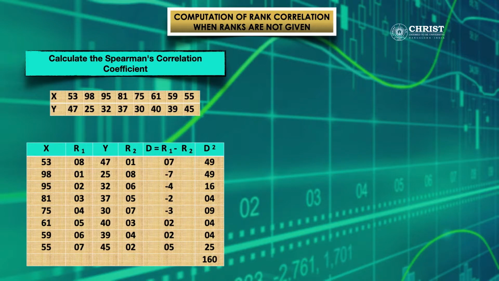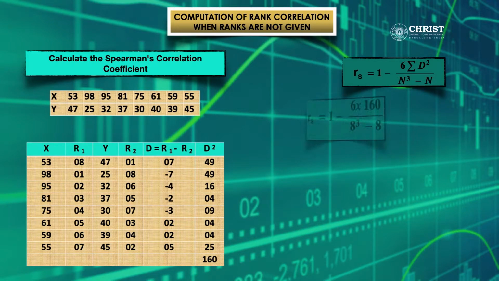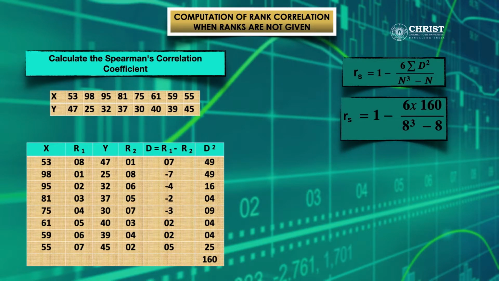Now you have to substitute the values in the equation. The equation is Spearman's rank correlation, or RS, is equal to 1 minus 6 sigma d squared divided by n cube minus n. N denotes the number of observations in the series. Substituting, we get RS is equal to 1 minus 6 into 160 divided by 8 cube minus 8, which is equal to minus 0.90476.